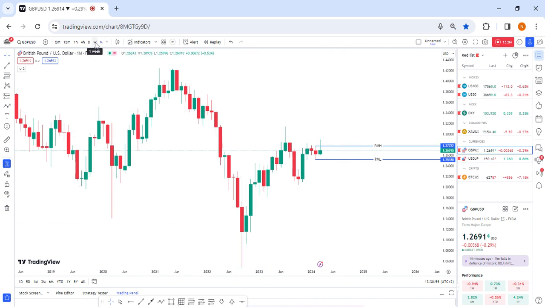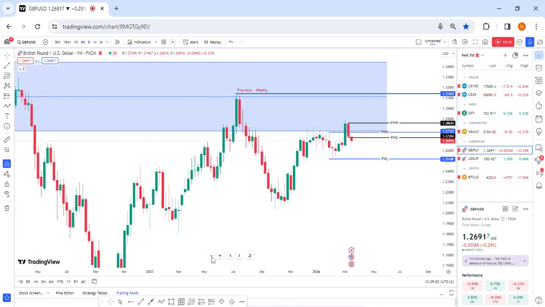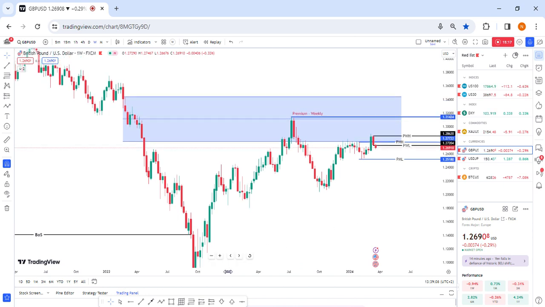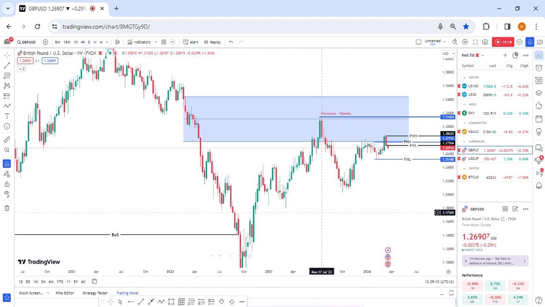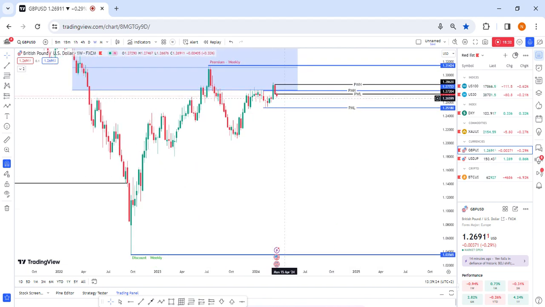Only way we'll get a good idea of that is if we go to the weekly time frame. So pretty interesting. You can see that in the weekly time frame, in terms of market structure, we've come into this OTE area over here. Price did mitigate. It didn't complete the range in terms of the bearish price action we would expect in this type of setup, but this might just be a reversal. There might be more sell side liquidity sitting around here.